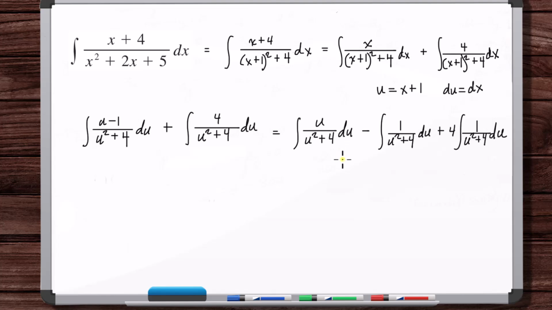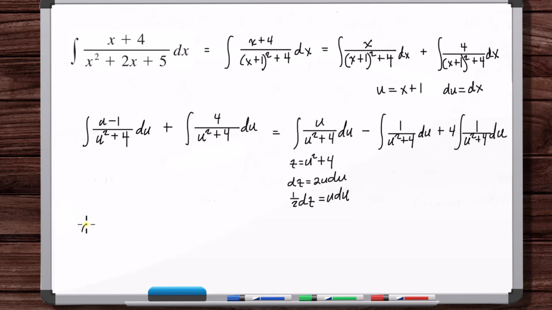Here, if we say that z is equal to u squared plus 4, then dz is equal to 2u du, so 1/2 dz is equal to u du.